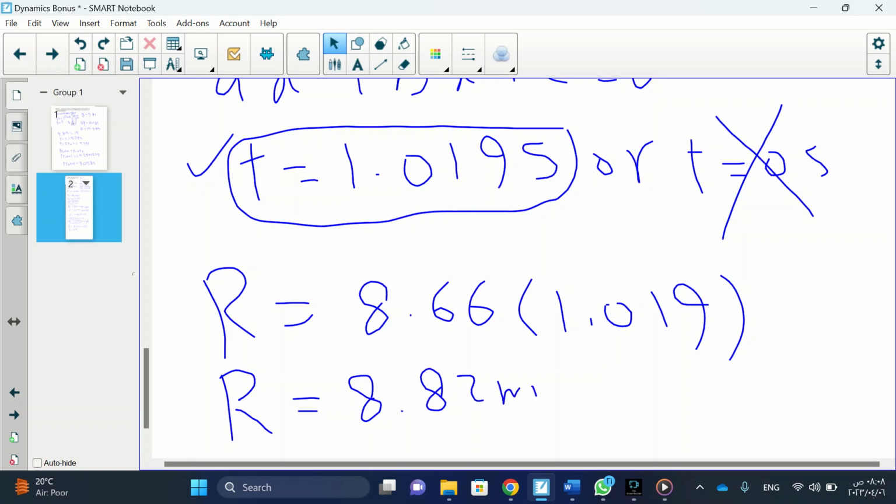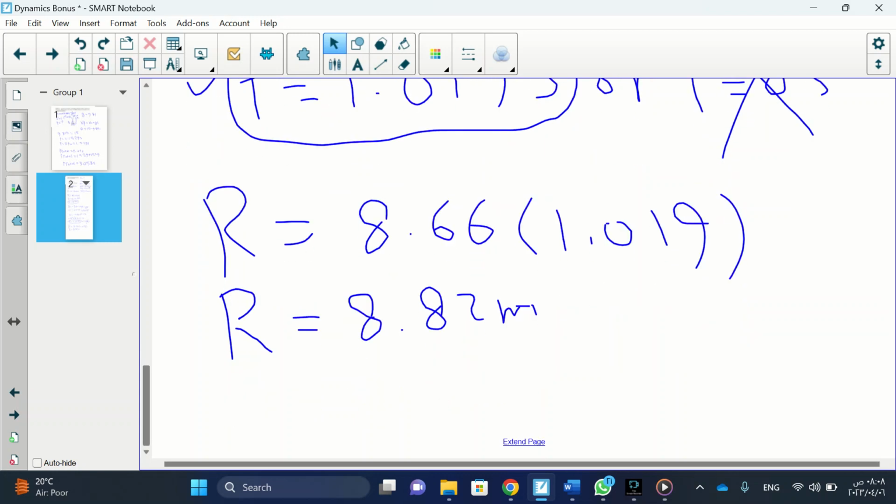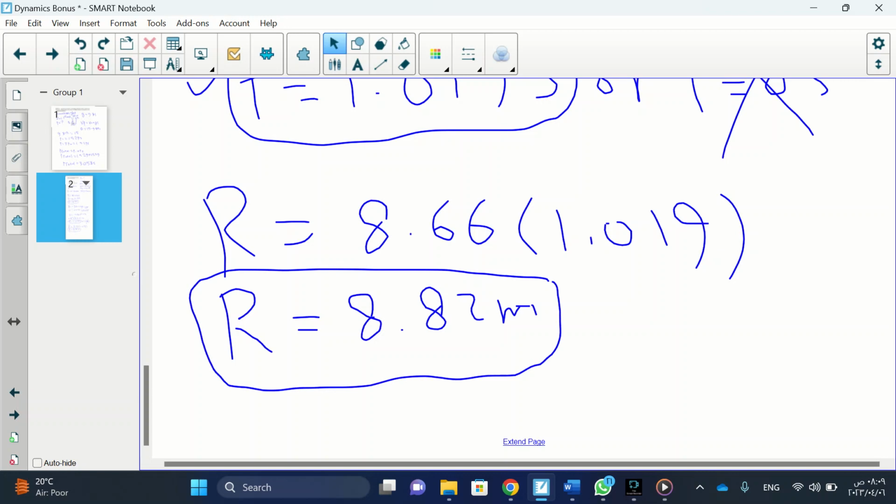So we found R. The first part of the question we have answered.